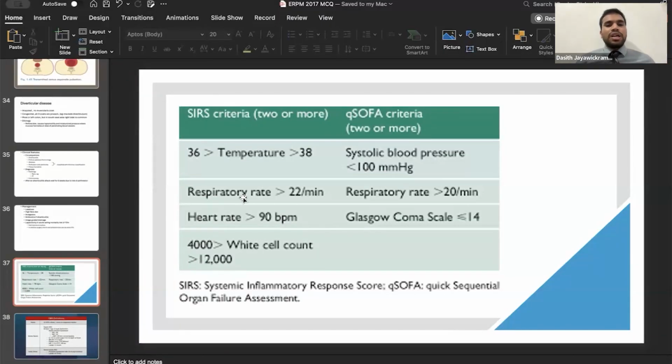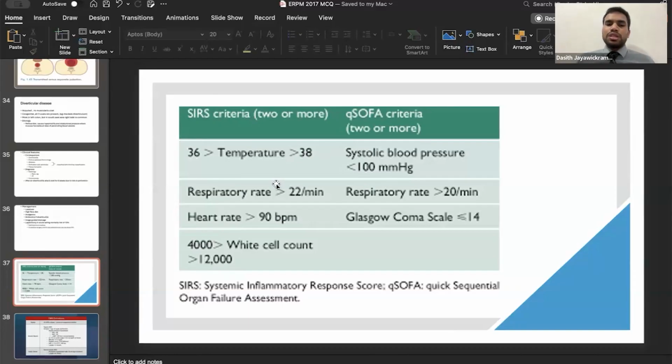So SIRS, as you can see in this image, has a few criteria: temperature, respiratory rate, heart rate, and white cell count. If 2 or more out of these 4 are present, then we can call it SIRS. And if we can demonstrate a focus of infection with these features, then it is called sepsis. Temperature less than 36 or more than 38, so it could be hypothermia or hyperthermia.